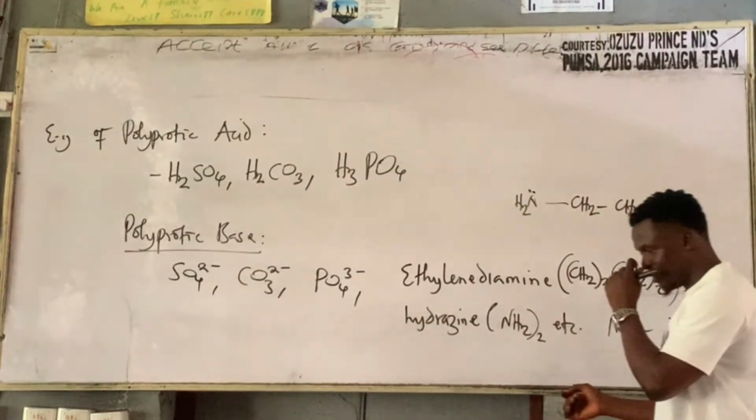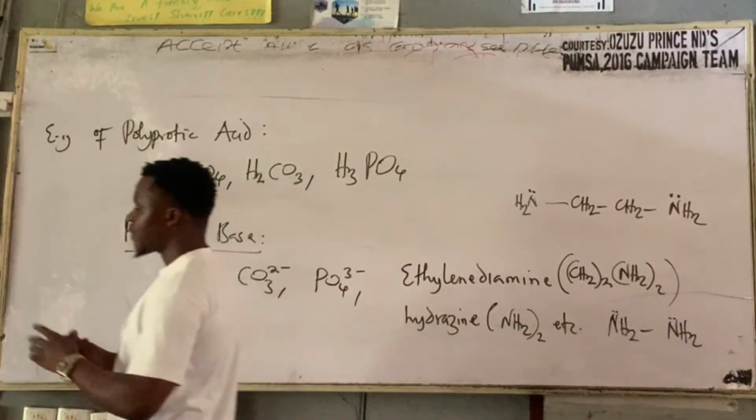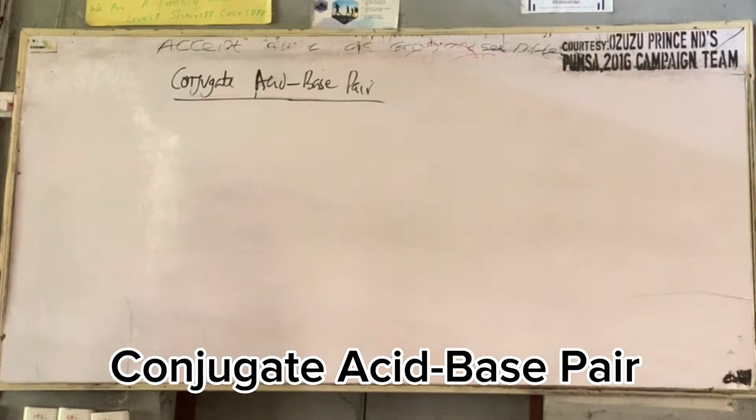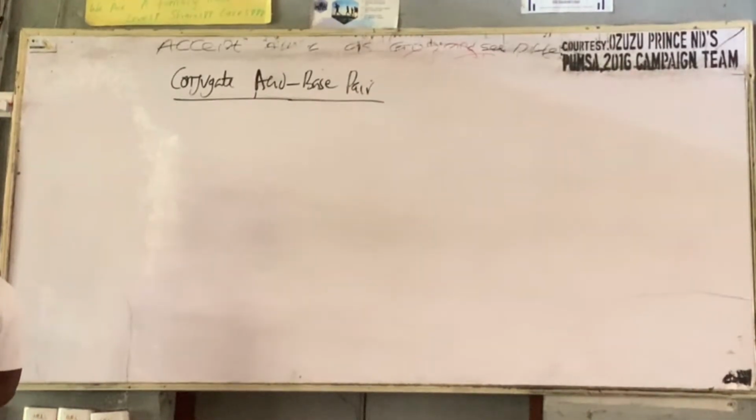So why am I giving us this? Just in case, I also want to mention that an acid, after losing a proton, will give rise to a conjugate base, whereas a base, after accepting a proton, will give rise to a conjugate acid.